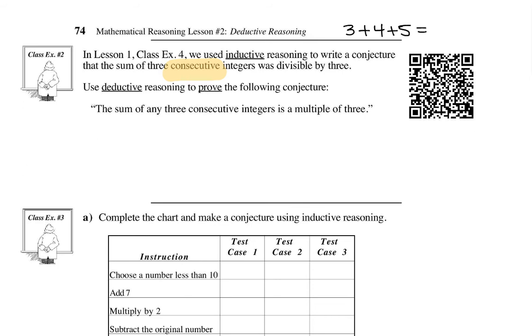If you add those all up, it should be divisible by 3. Is 12 divisible by 3? Yes. That doesn't prove that it always works. It just works this time. Do another one. 7 plus 8 plus 9. 15 and 9 makes 24. Is 24 divisible by 3? Yes.